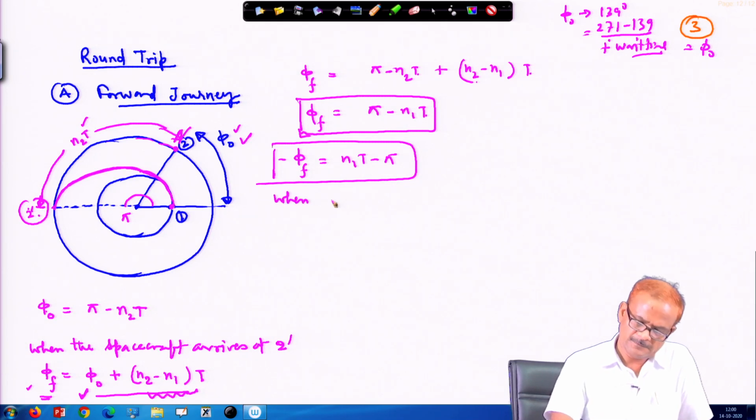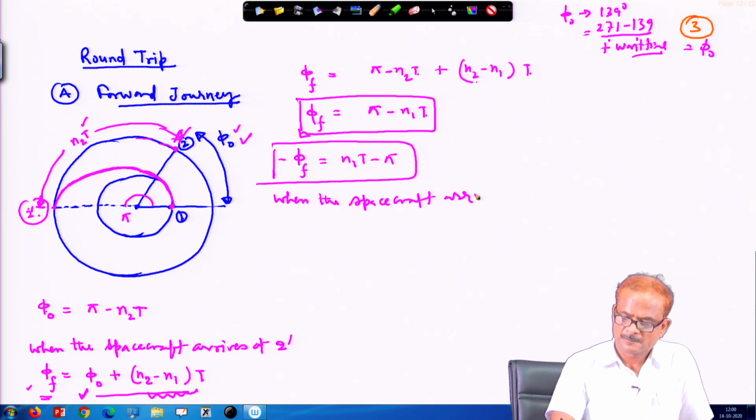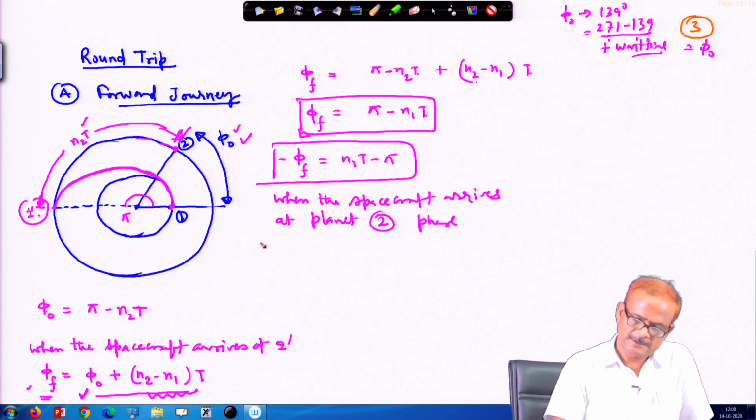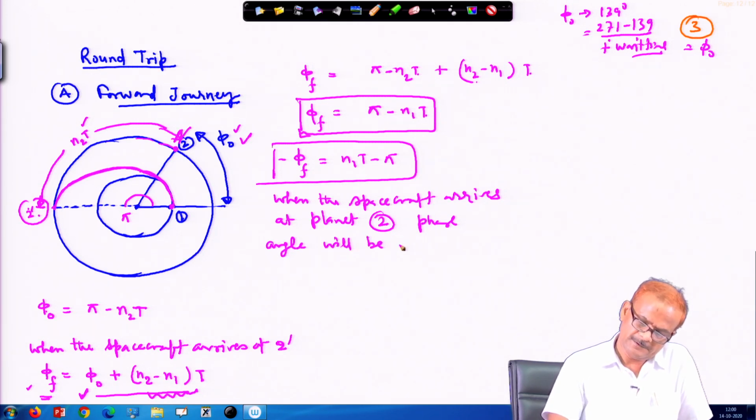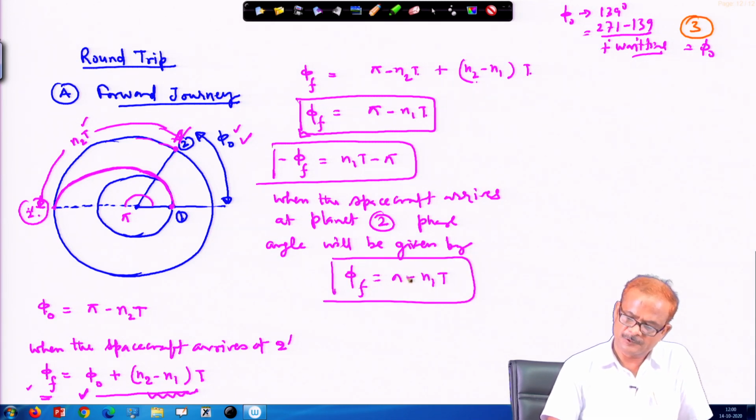So, when the spacecraft arrives at planet 2, the phase angle will be given by phi f equal to pi minus n 1 t, and this is very important.